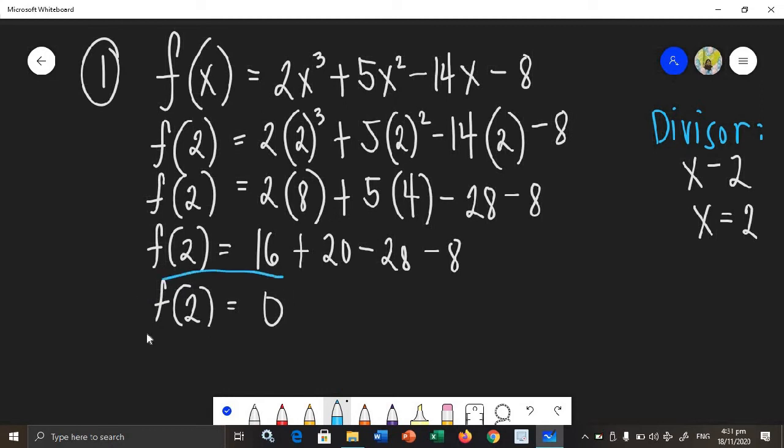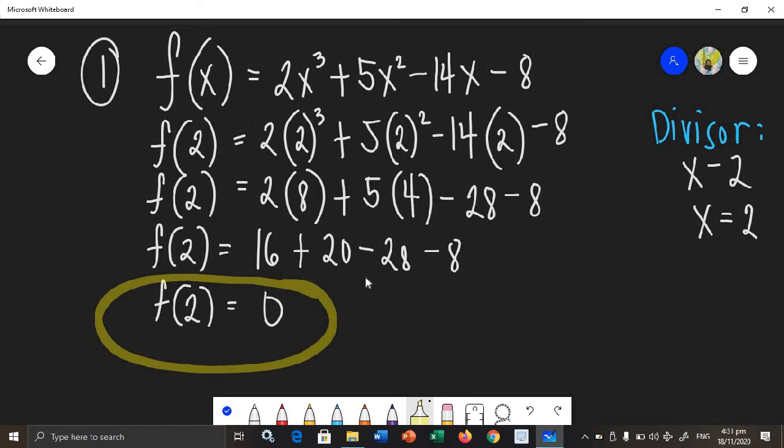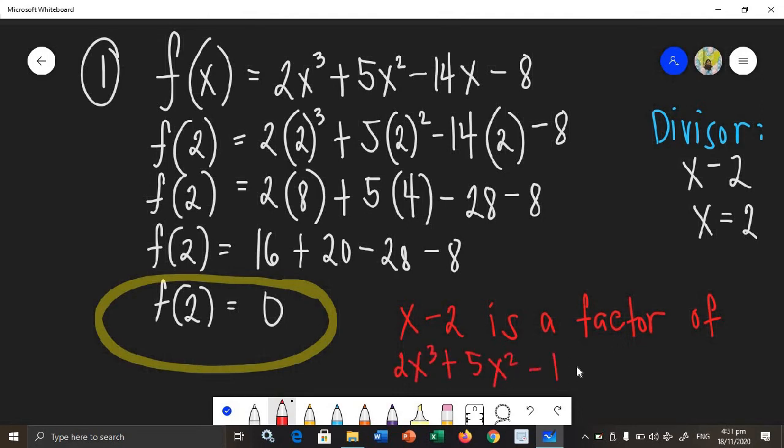If that is the case, therefore, x minus 2 is a factor of this polynomial, okay? Of 2x cubed plus 5x squared minus 14x minus 8. If 0 comes out, therefore, the given divisor is a factor of the given polynomial.